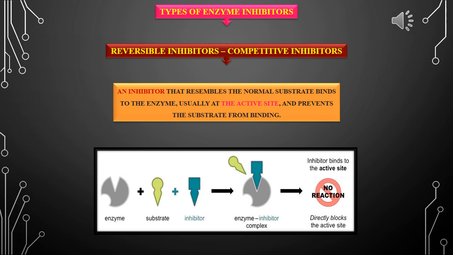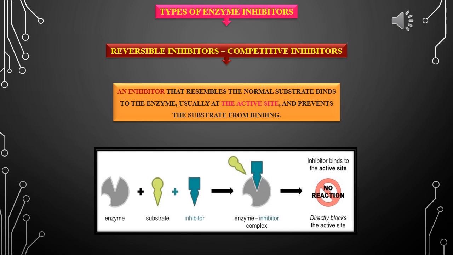Coming to reversible inhibitors, the most important part is reversible inhibitors. We will see brief details about those: competitive, non-competitive, uncompetitive, allosteric and feedback inhibitors. Firstly, competitive inhibitors. What is a competitive inhibitor?